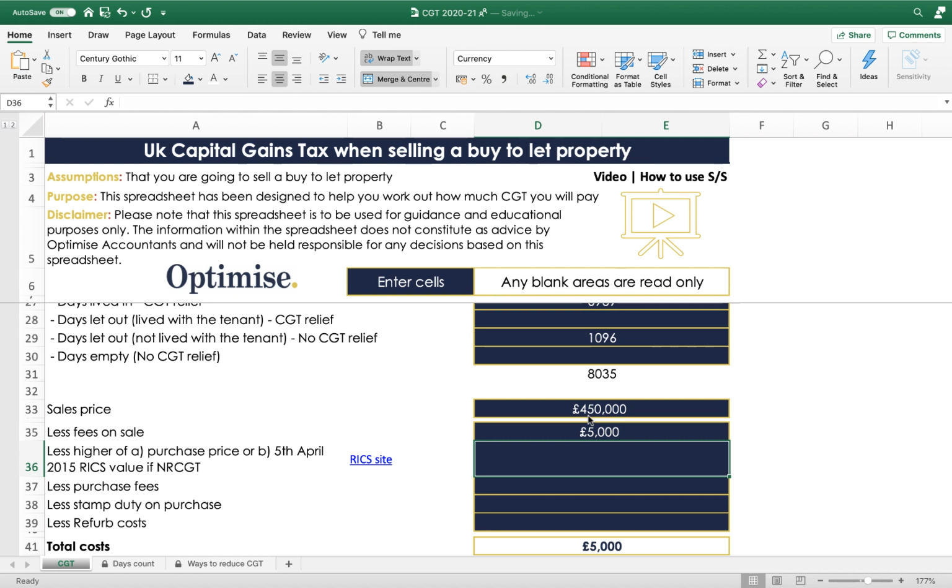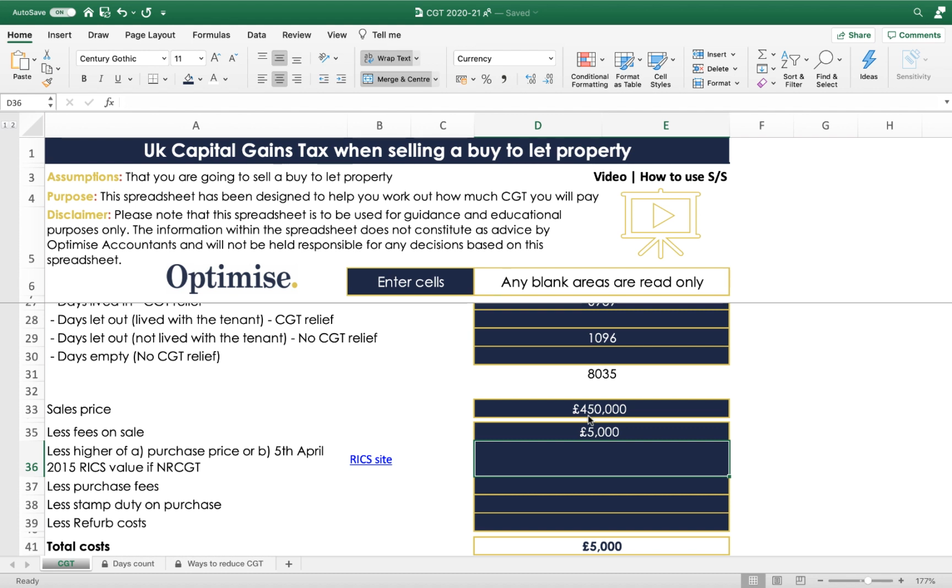So the purchase price would actually be increased, even though you actually purchased it for much less. So if you have left the UK and you want to have this adjusted price, then you do need to get a RICS valuer to give you the value the property was then, and probably work with a specialist like ourselves to help you work with this spreadsheet.